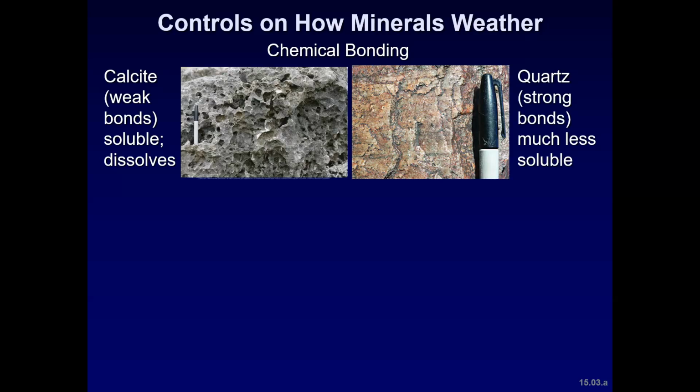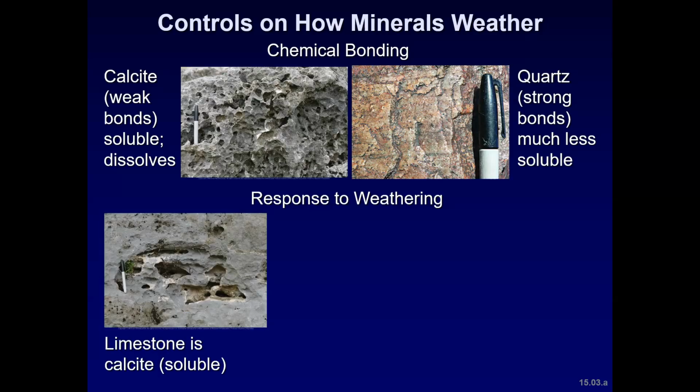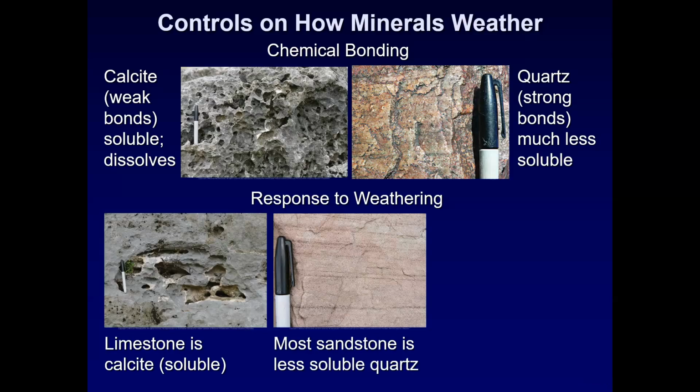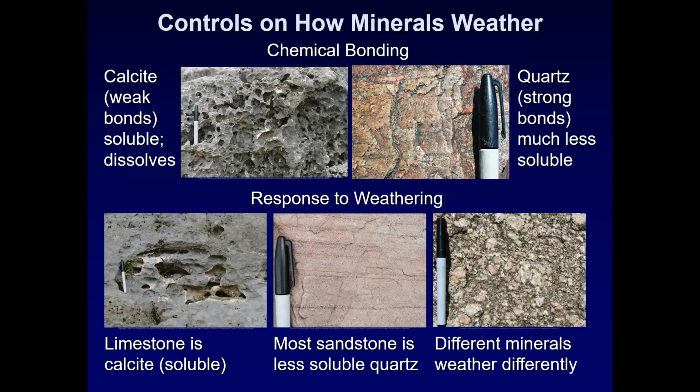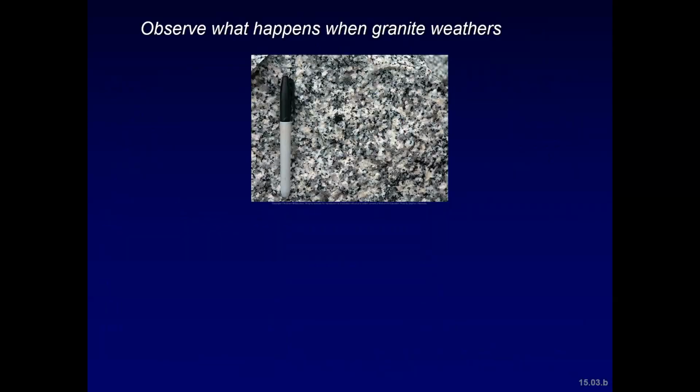It's much less soluble. So it'll look like this. On the left, limestone is calcite, typically very soluble, and most sandstone is less soluble quartz. The point is that different minerals weather differently based on the strength of their bonds and the existing chemistry that they're subjected to as well.